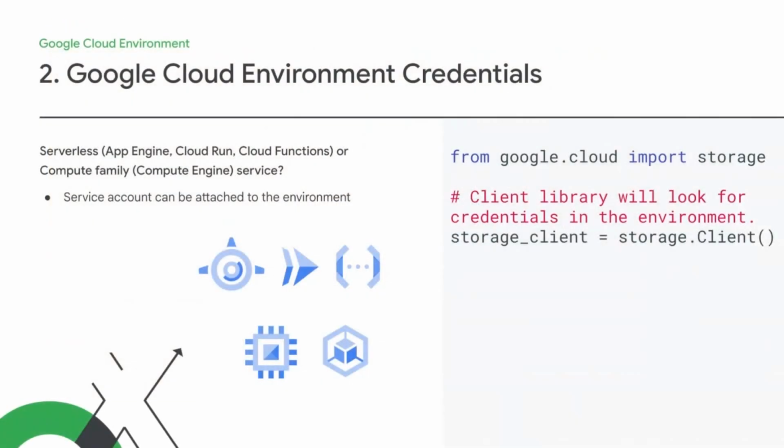Now, if we move away from local development onto workloads on GCP, including serverless products like App Engine, Cloud Run, Cloud Functions, or compute products like Compute Engine, then the best and only way you should be using to access GCP API is using attached service accounts. When you create a GCE VM, most times, as Busan mentioned, it will automatically come with a default service account.